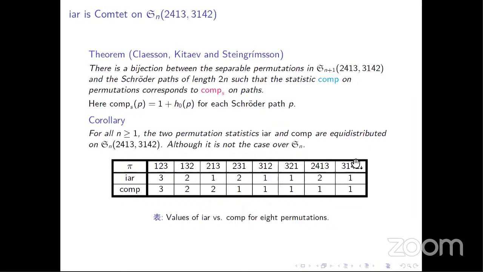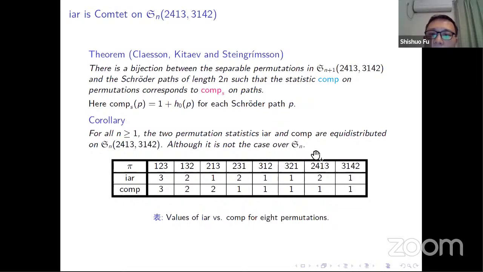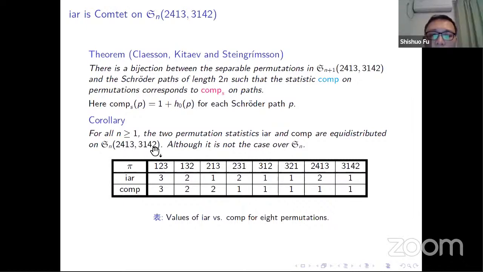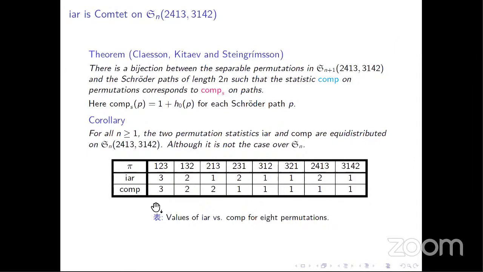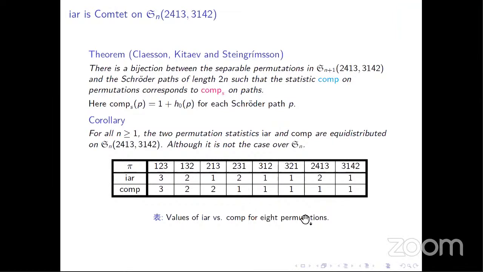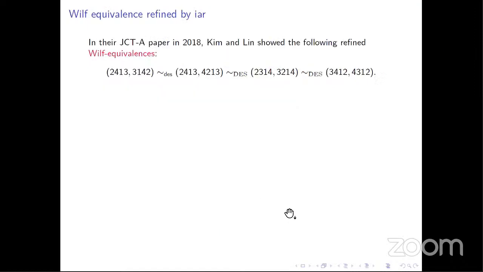As you can see, for n equal to 4, if you add in the missing 2, 4, 1, 3 and 3, 1, 4, 2, which are avoided, they give different distributions. This one gives 2, 1, this one gives 1, 1 for components. I think that's partially the reason why this statistic doesn't attract much attention in the literature, because they are not equidistributed on the entire set, but only on this particular subset. But we are somehow fortunate to notice this connection.